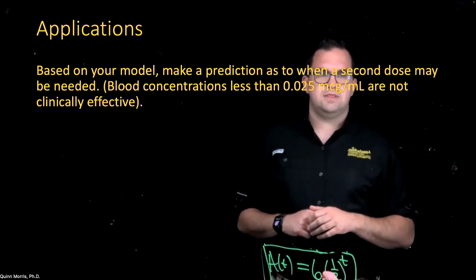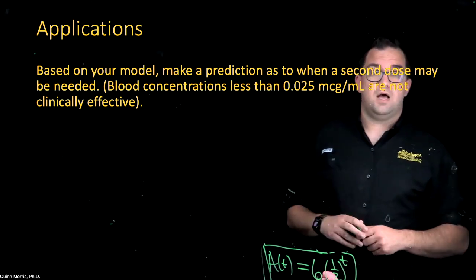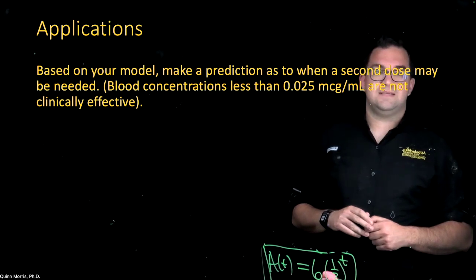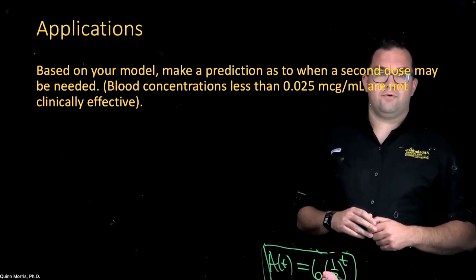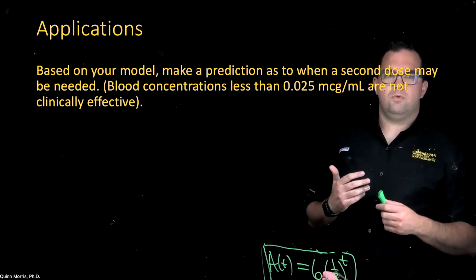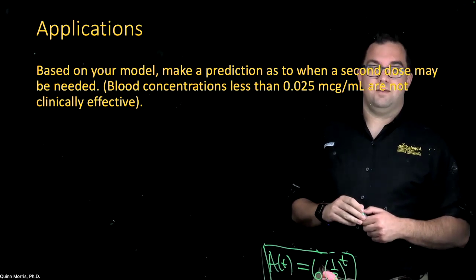But imagine that you want to know when you need to time the second dose. Maybe we know that blood concentrations less than 0.025 micrograms per milliliter aren't clinically effective, right? So we want to make sure that the amount stays above that number, okay?